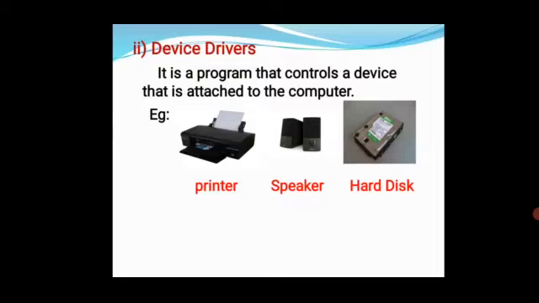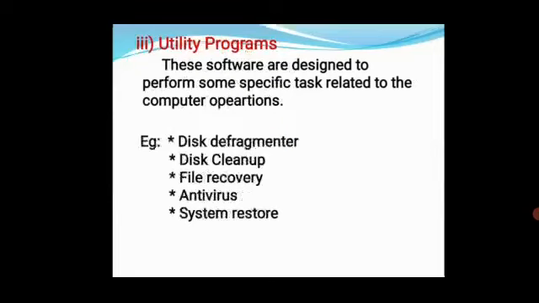The next one is utility programs. What is the meaning of the word utility? Utility means software program. This is also one type of system software. I said 4 types of system software are given in your subject.